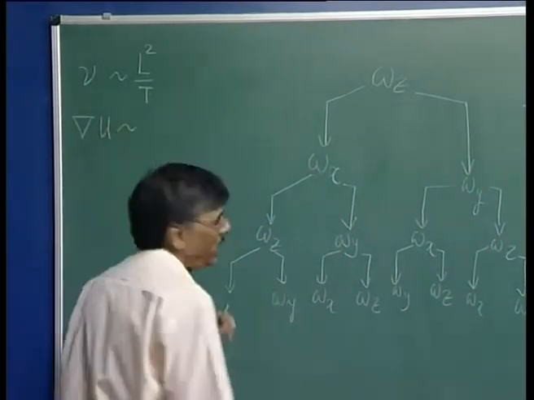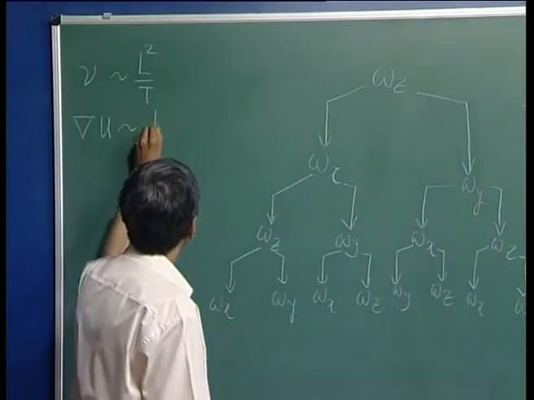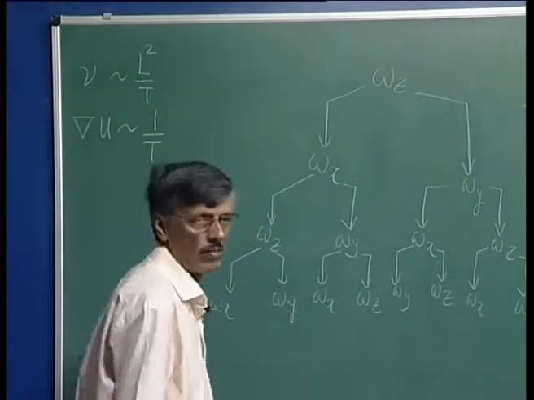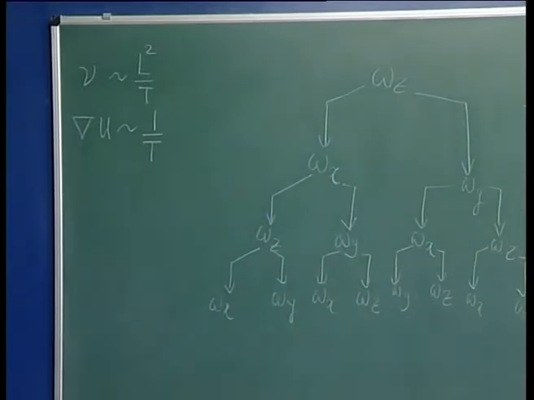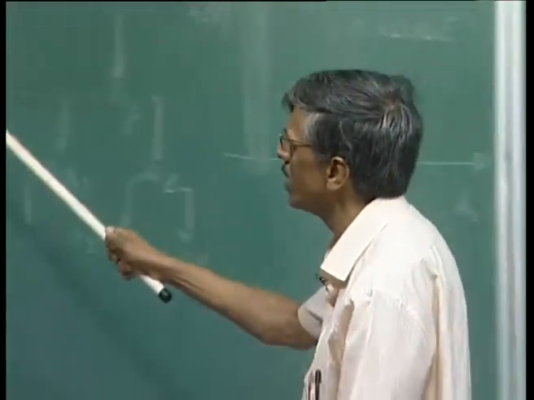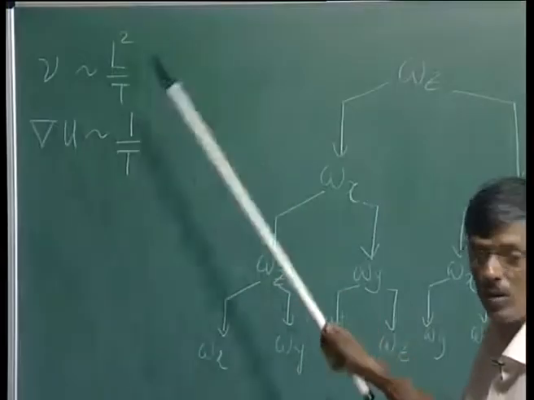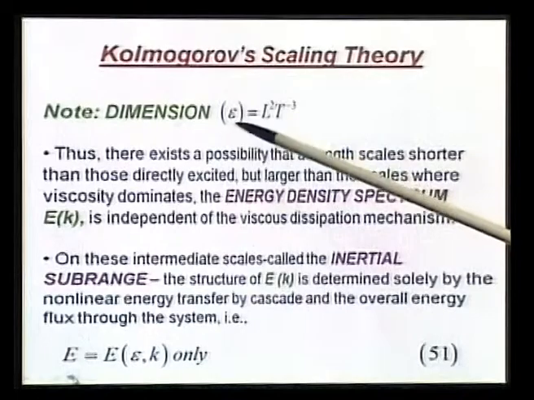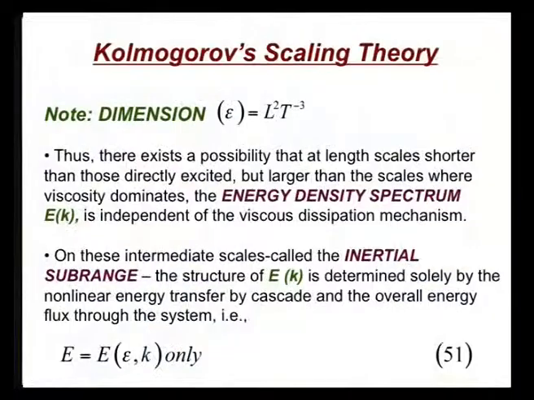What is its dimension? Right. So, what is the dimension of epsilon then? It will go like L square T to the power minus 3, is not it? That is what we are saying, this into this squared. So, the dimension of dissipation is L square T to the power minus 3.